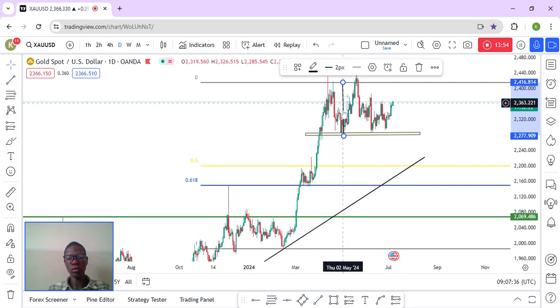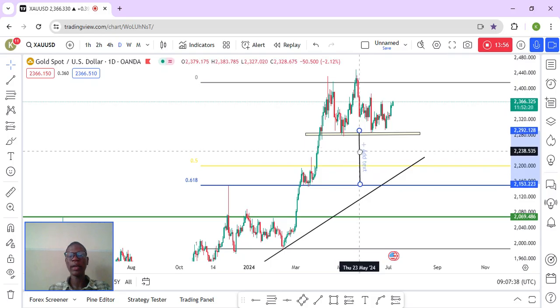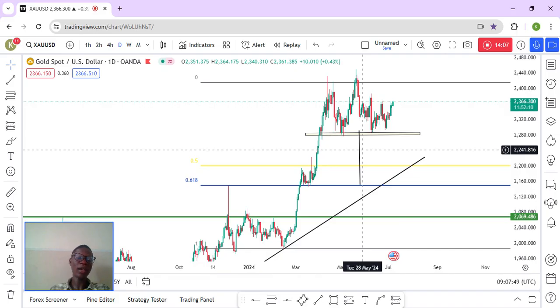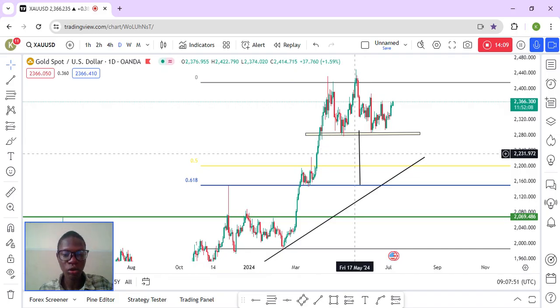Then you should measure from the neckline to predict the next movement of the market. So it is right at our demand level. I don't know how to explain it better, but you guys should understand.